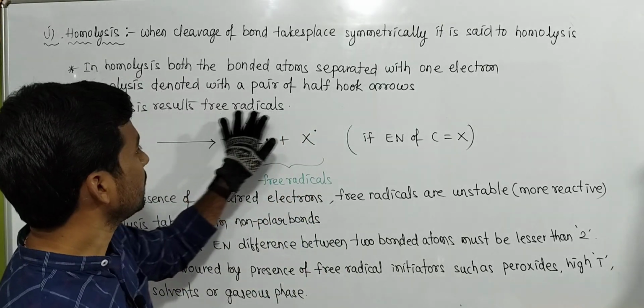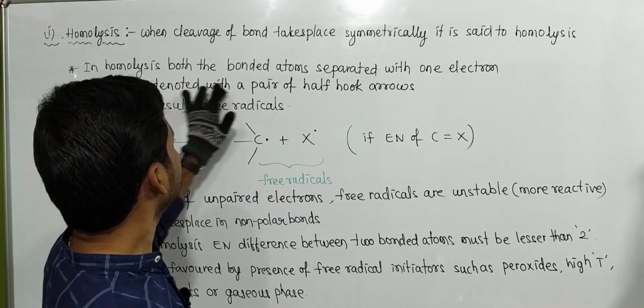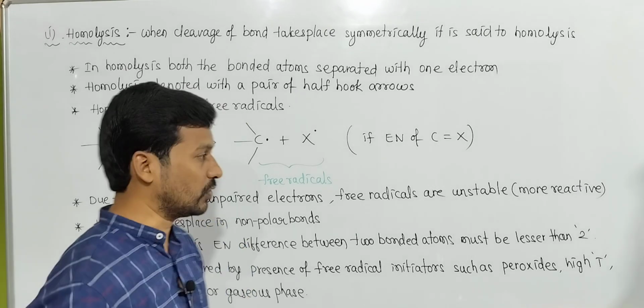So homolysis results in free radicals. Homolysis is denoted with a pair of curved half-hook arrows, like this.